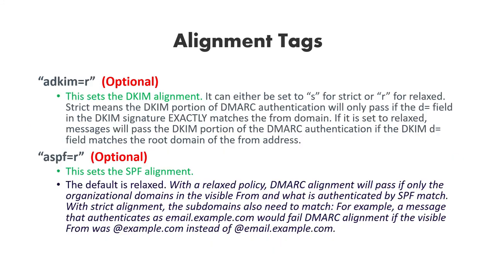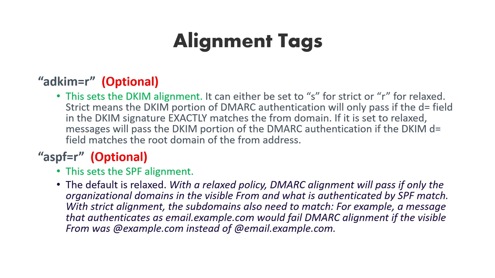ADKIM equals R is optional. It sets the DKIM alignment, so it can either be set to S for strict or R for relaxed. Strict means it needs to exactly match the from domain. If it's relaxed, it will pass if it matches the root domain from the from address. So, for example, if it's forum.yourdomain.com, it would pass.